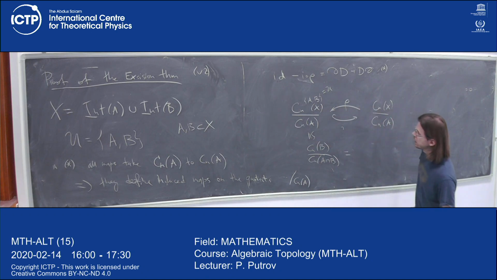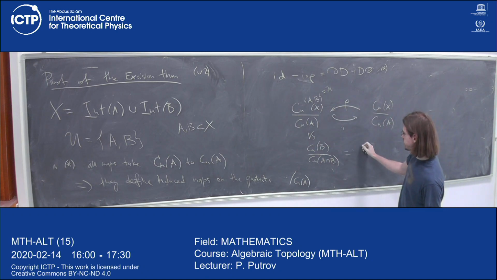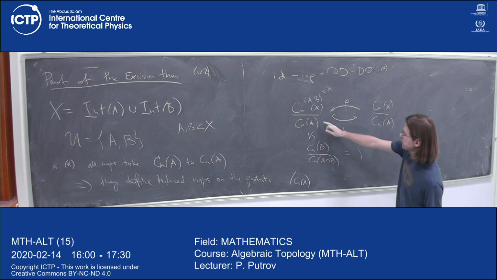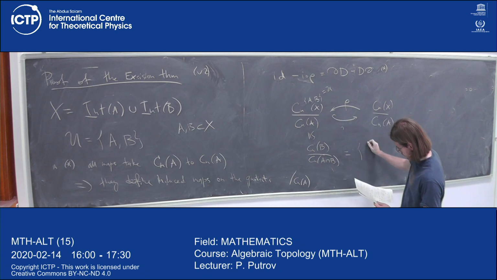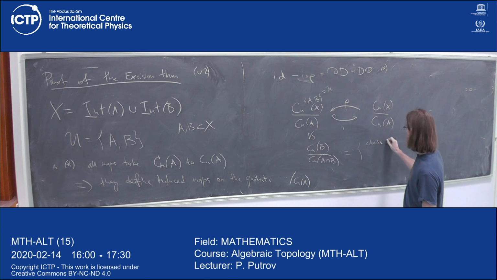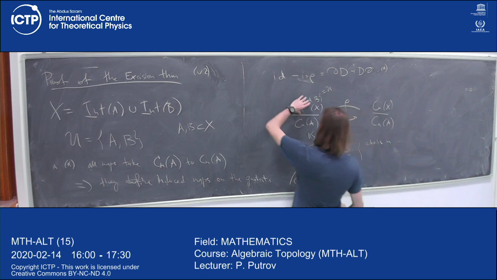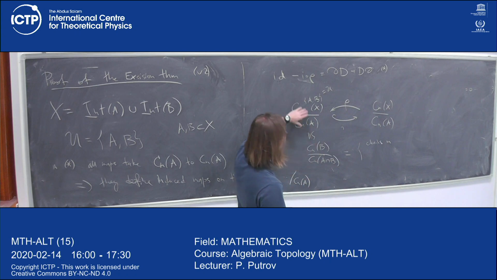But this can be understood as chains. In particular, all chains in A here will be factored out. And so we only have to worry about chains in the numerator.